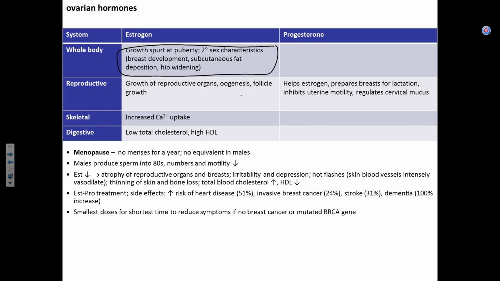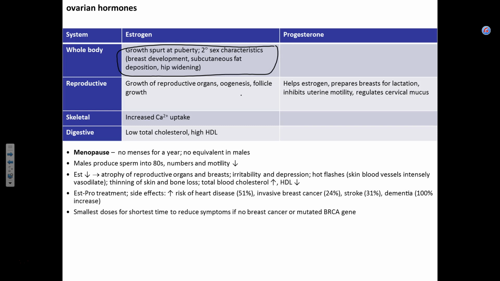Estrogen stimulates the growth of reproductive organs, breasts, and accumulation of subcutaneous fat. It stimulates follicle growth and oogenesis. Actually, an interesting observation is that obesity stimulates early puberty.